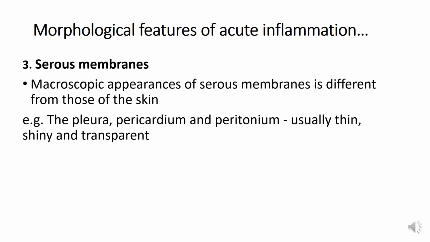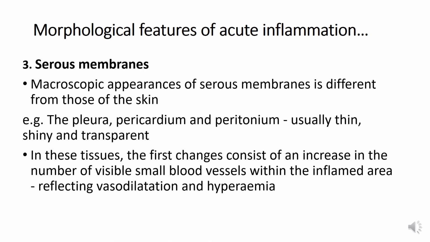The same thing happens with the pericardial linings. We have the visceral and the parietal, and then also the peritoneum. The difference is that these tissues are usually thin, shiny, and transparent. Therefore, when they are acutely inflamed, you quickly see the effect of vasodilatation.